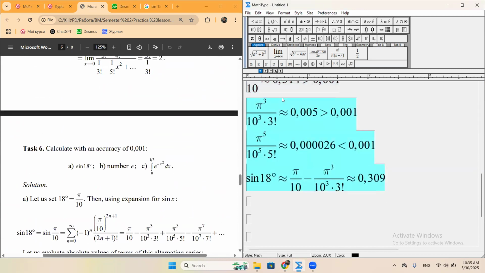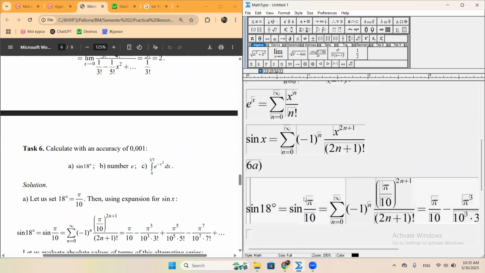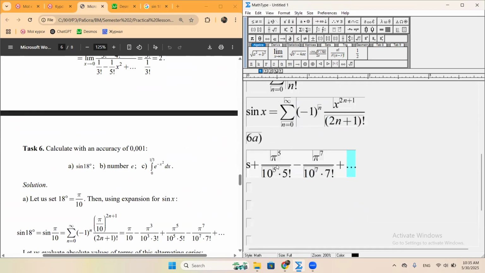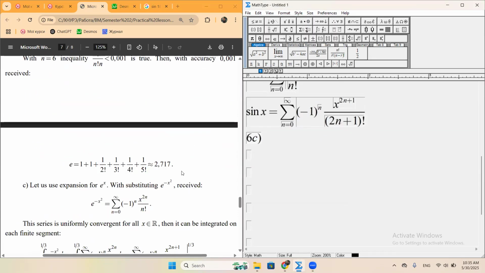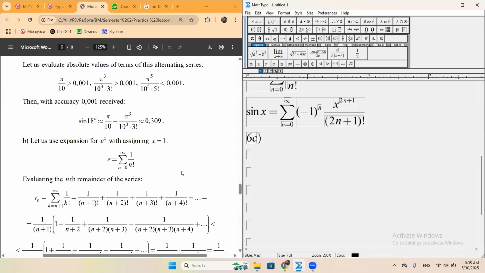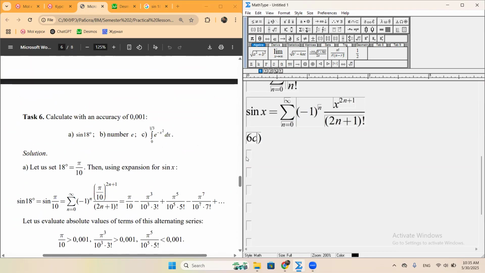No questions. Okay, if no questions, let's move to 6C, and we will use power series expansion to calculate integrals. So we will have to calculate the following integral that, you know, we cannot calculate with the standard methods of integration.